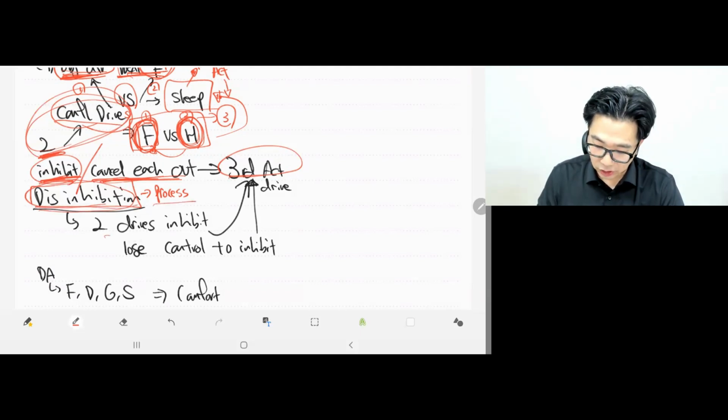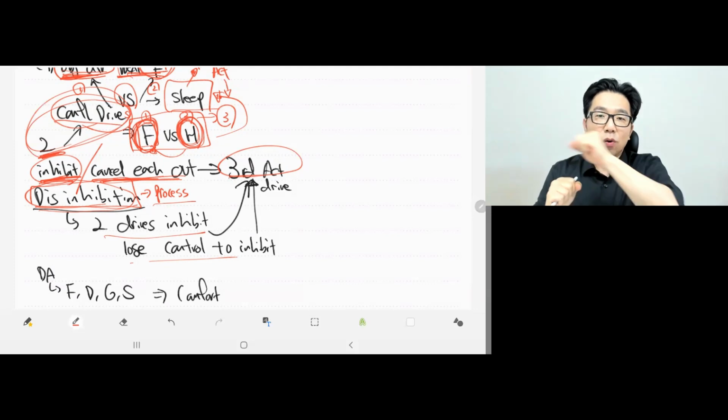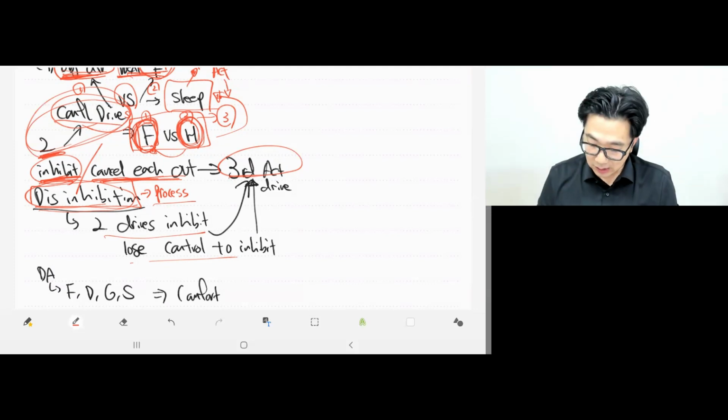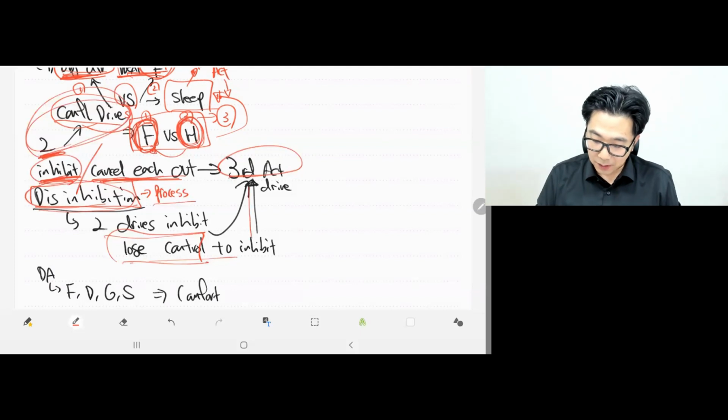So two conflicting drives prevent the first or second action from taking place. It loses control and ends up doing something completely irrelevant.